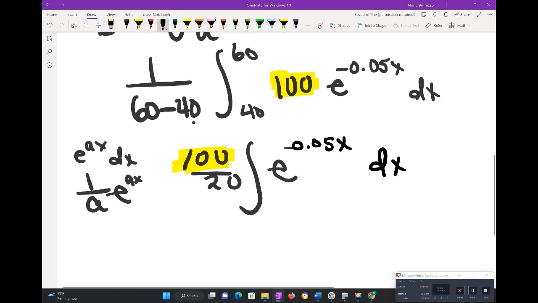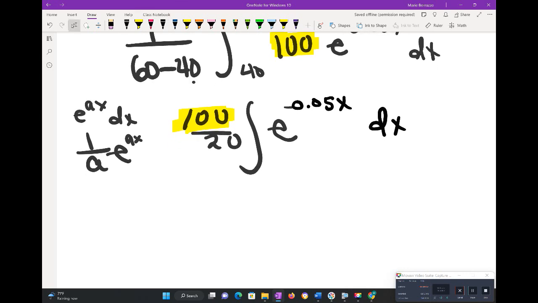All right, and so we reduce this a little bit. 5 goes into 100, 20 goes into 100 5 times. So you end up with negative 5 over 0.05 e to the negative 0.05x.